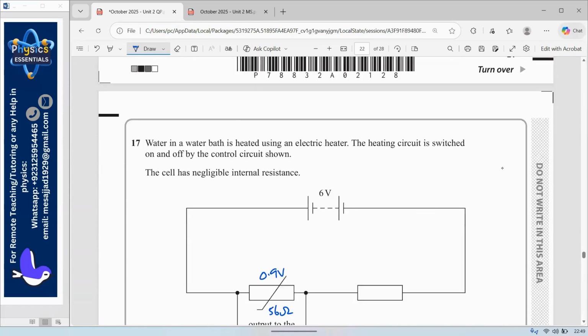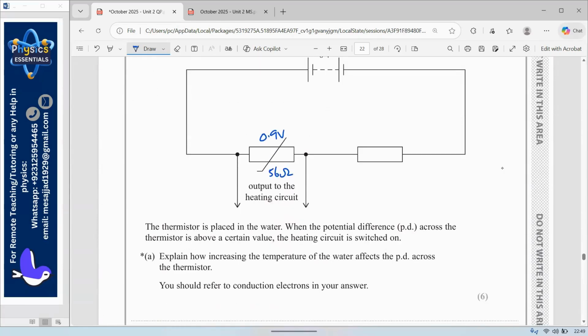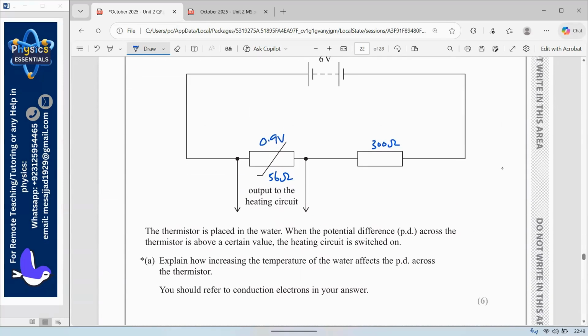So the fixed resistance is 300 ohms, and here it is 6 volts. We just need to check what the voltage is at this 56 ohm resistance, 300 ohm resistance, 6 volts. They are saying at 0.9 it has to be switched off.